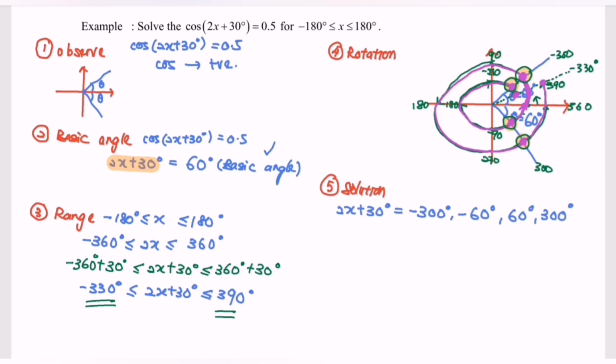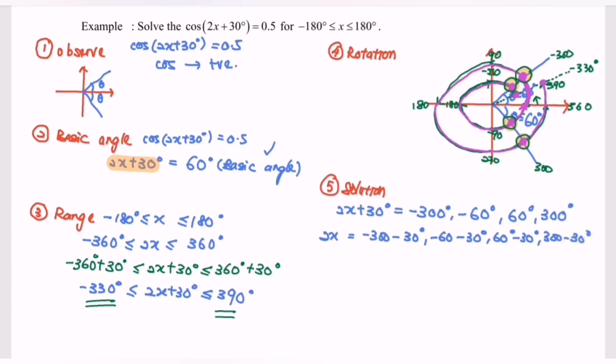Finally, referring to number 5, we have the solution. Now we are going to find the value of x. 2x equals negative 300 minus 30 degrees, negative 60 minus 30, 60 minus 30, and 300 minus 30.